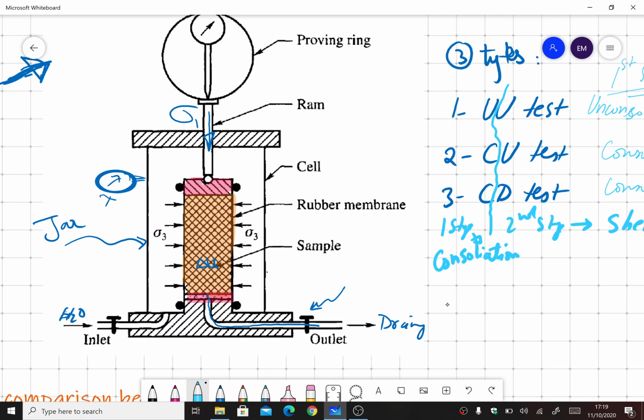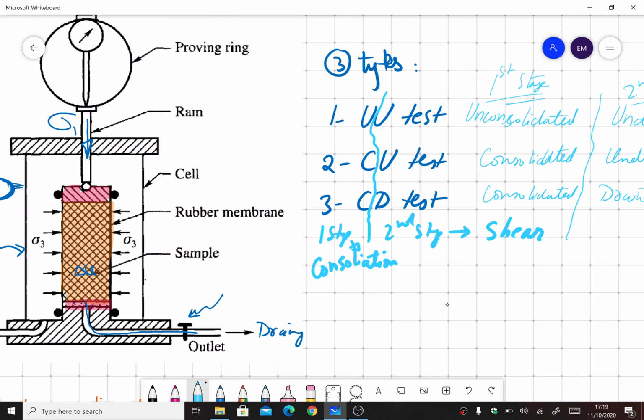Okay, so sigma 3 is called the minor principal stress. So after placing the specimen, the first thing is to apply sigma 3 or the minor principal stress. Just a minute, I don't know why my pen is not working.